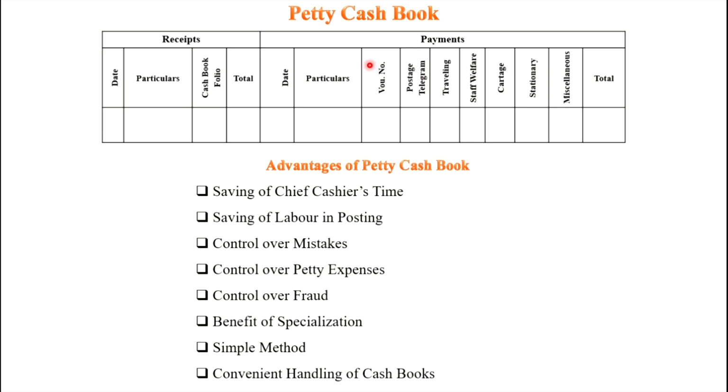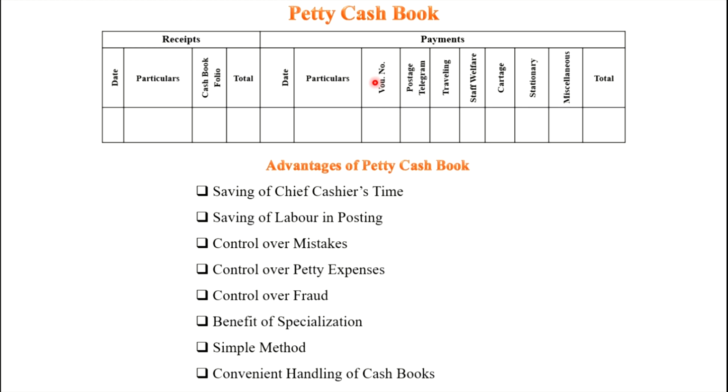cash book. Petty cash book works on the imprest system. Imprest system means, for example, a fixed amount of 1000 rupees is given to the petty cashier. From that 1000, the cashier has to meet all these expenses, that is conveyance, bus, taxi, cartage, postage, telegram.